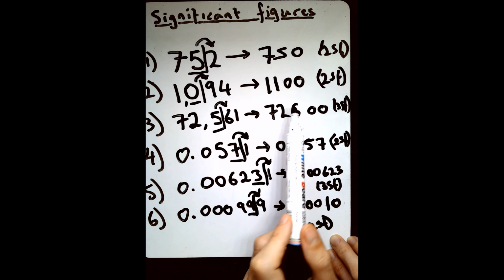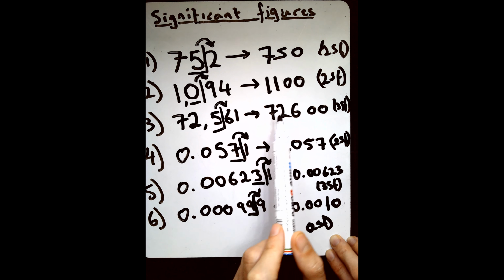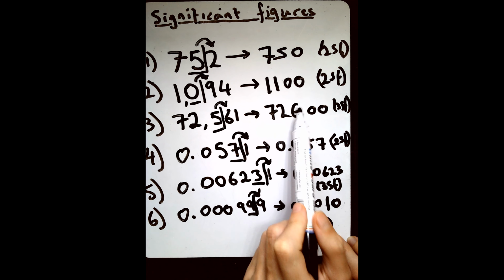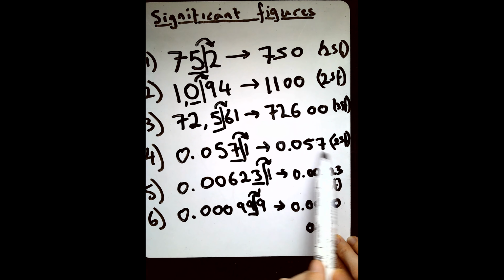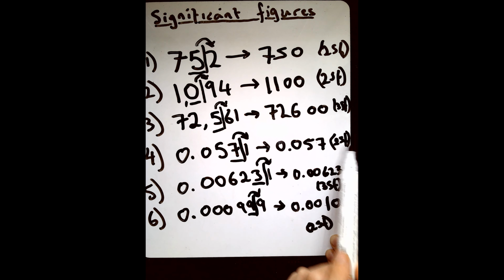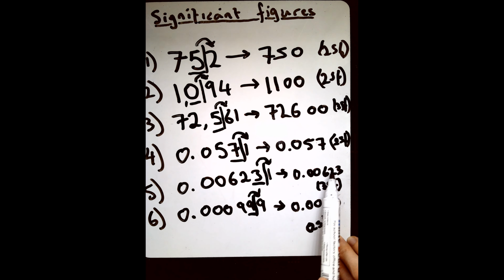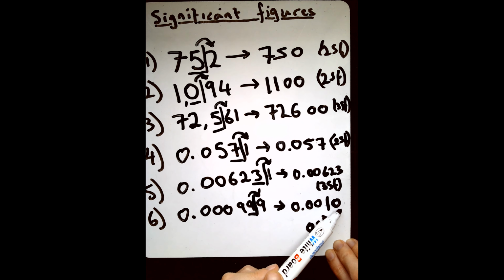Number 3, 3 non-zero digits, 3 significant figures. 4, 2 non-zero digits, 2 significant figures. Number 5, 3 non-zero digits, 3 significant figures. And then number 6 has 1 non-zero digit, but actually the second, after the 1, that 0 is a significant figure, isn't it? Because you count the zeros after your first non-zero number, which in this case is the 1. So that does have 2 significant figures as well.